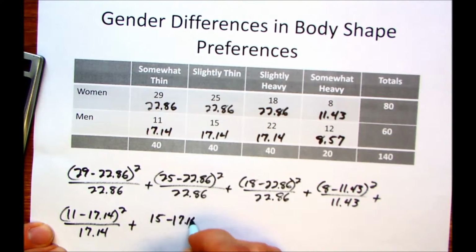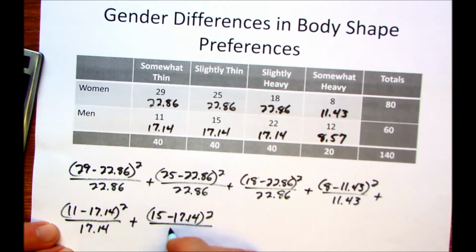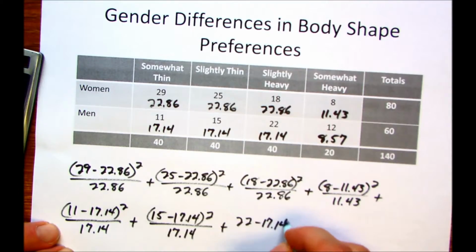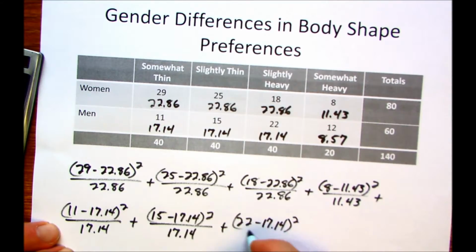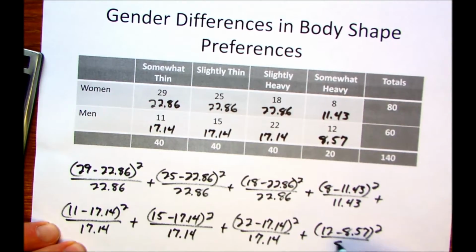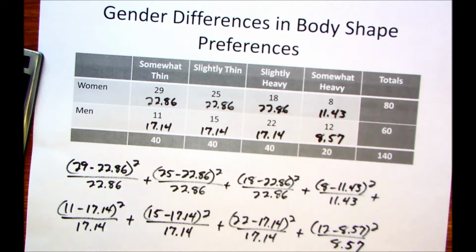You'll notice it's not difficult, just kind of labor intensive. Then 22 minus 17.14, square that, divide by 17.14, and our last one, 12 minus 8.57, square that difference, divide by the expected frequency, 8.57.